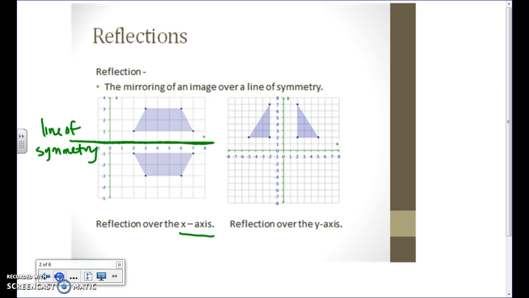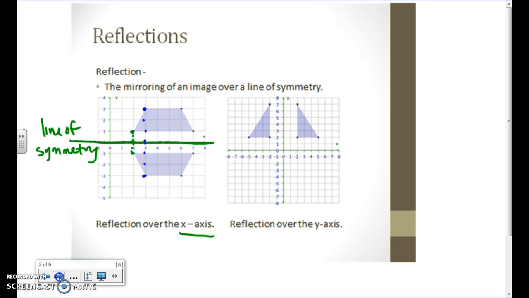So what I want to look at here is this line of symmetry. If I'm reflecting over the x-axis, I notice that this point is 1 away from the line of symmetry, or the x-axis, and this point is 1 away. It has the same distance away. And I notice that for every point. This point is 1, 2, 3 away, and this point is 1, 2, 3 away. They're a perfect reflection, the same distance over the line of symmetry.